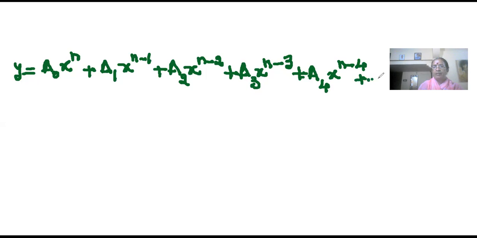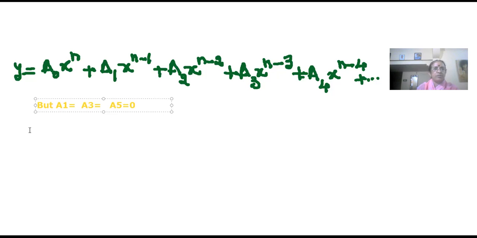But what is A1? 0. A3? 0. A1 equal to A3 equal to A5 equal to, all these are zeros.